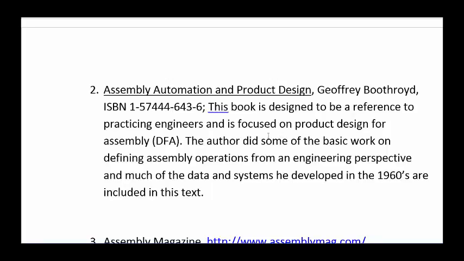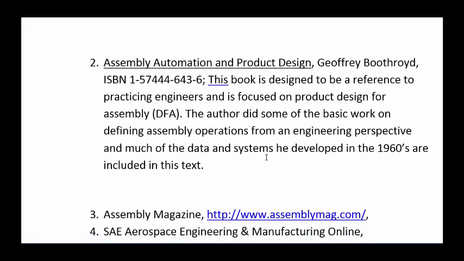Another book currently out there is Assembly Automation and Product Design by Jeffrey Boothroyd. This gentleman has been involved in the science of automation since the 1960s and has done a lot of the initial work on design for assembly.